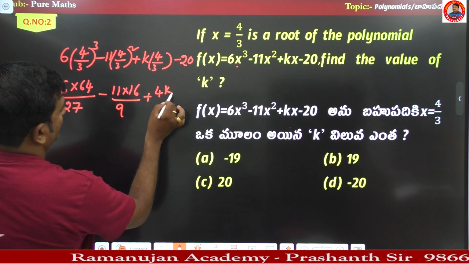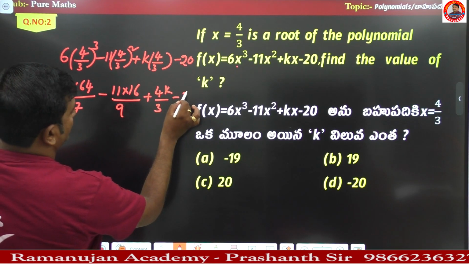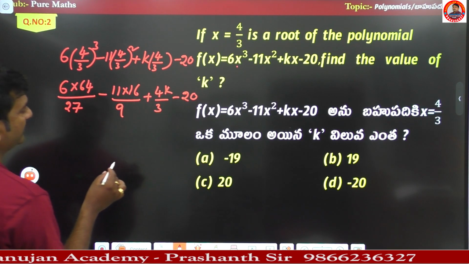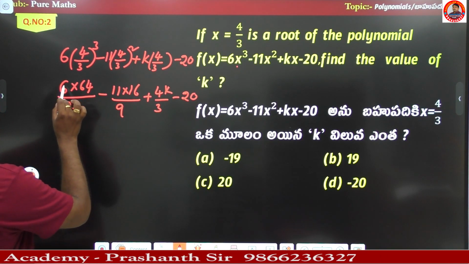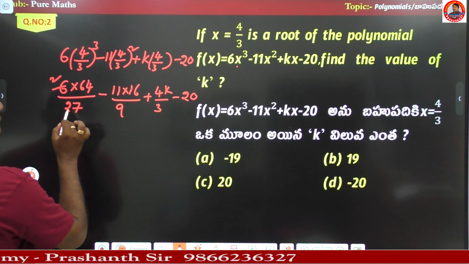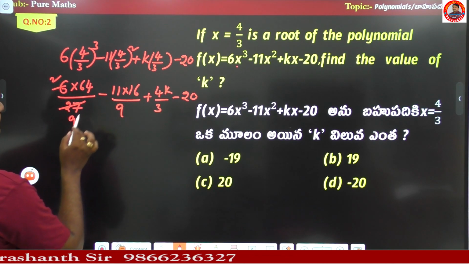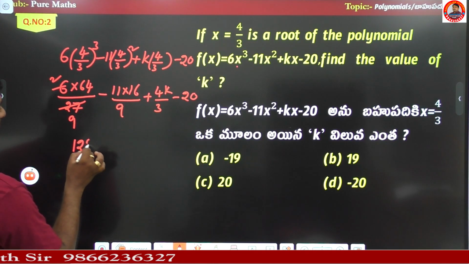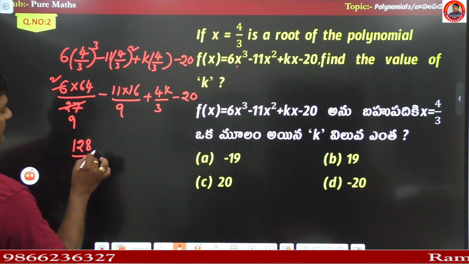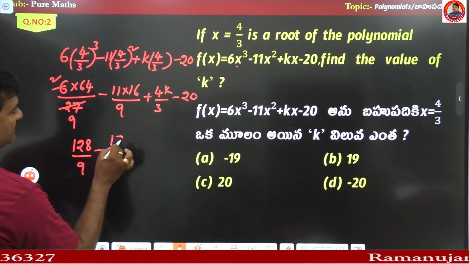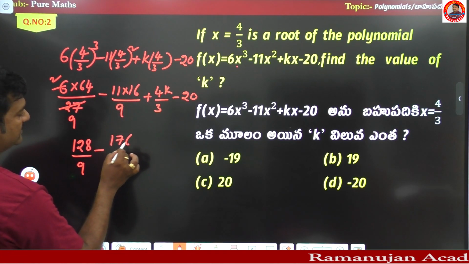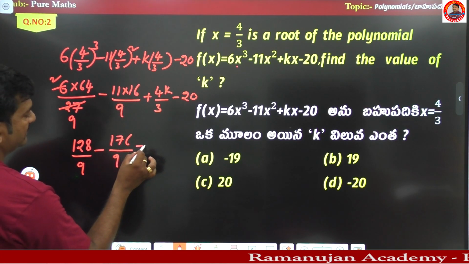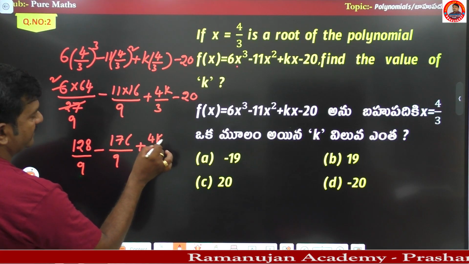Here we have 4k by 3, minus 20. With the 9s table we can cancel. Therefore 128 by 9, and 176 by 9.